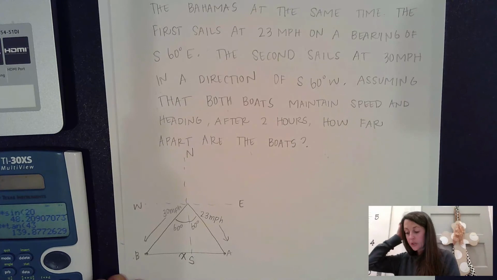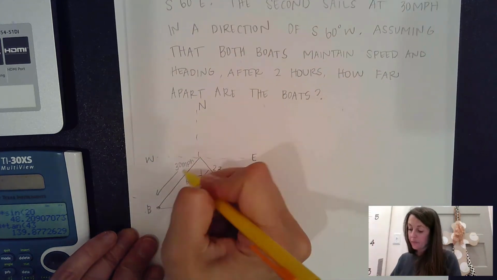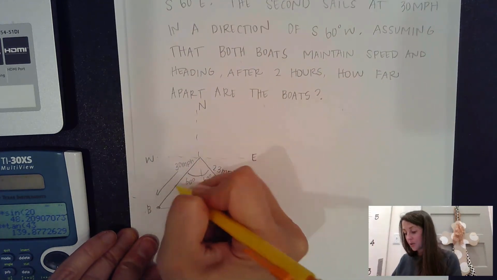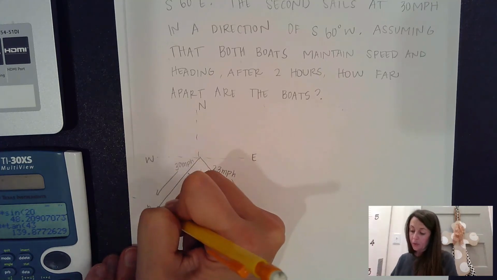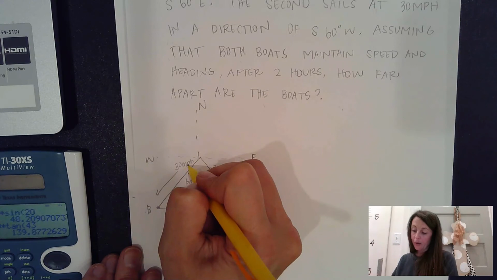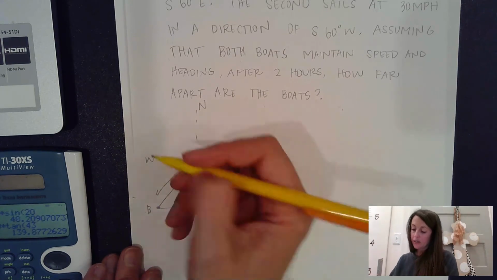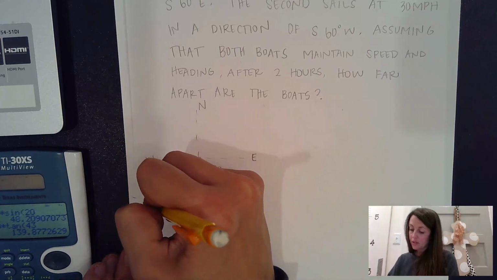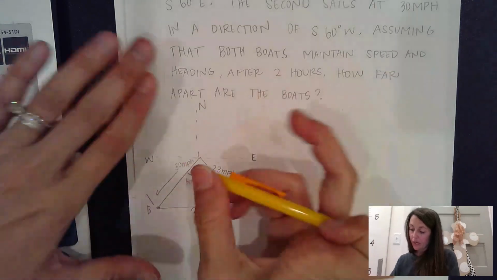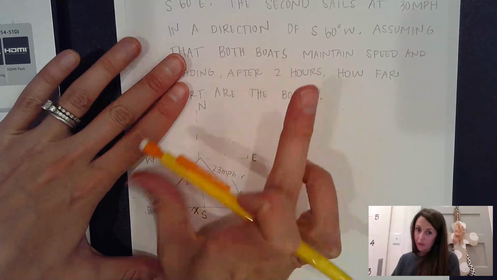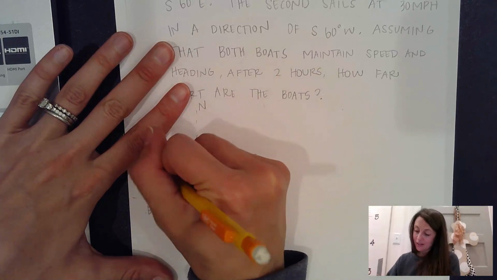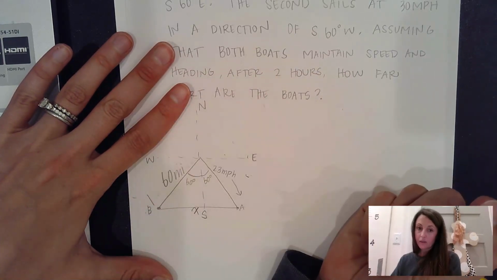After 2 hours, so what do I need to find here? I need to find the miles that they are going in 2 hours. So 30 miles per hour times 2 hours is going to be 60 miles. So this distance here is now, instead of miles per hour, going to be 60 miles, right?